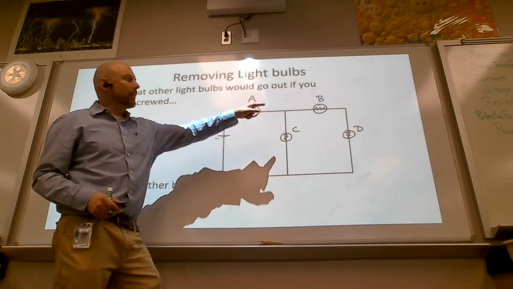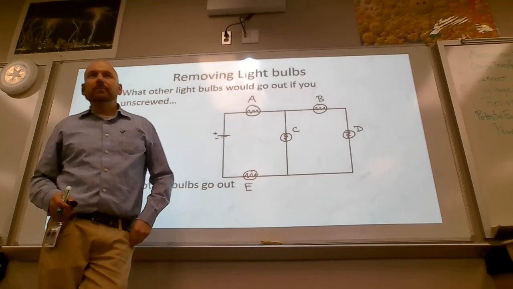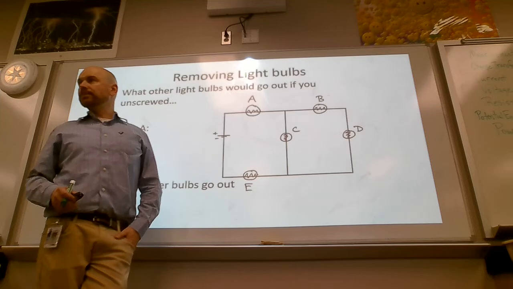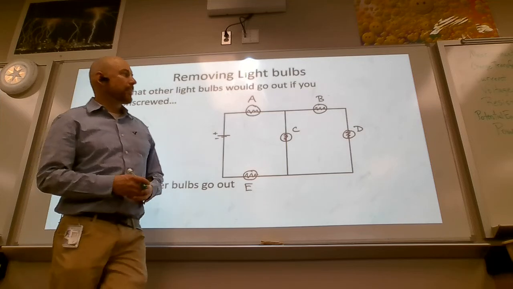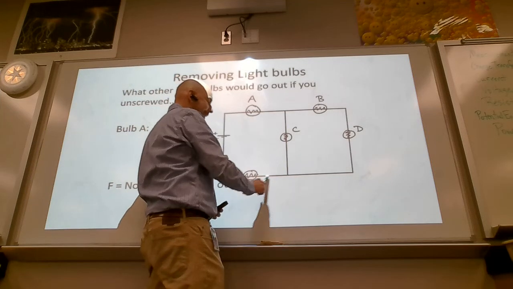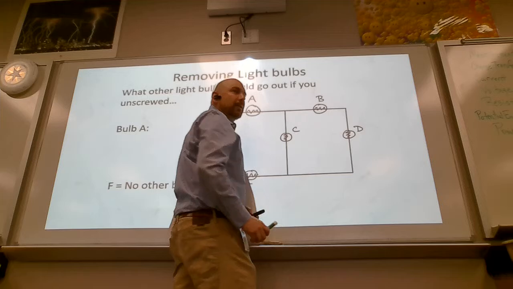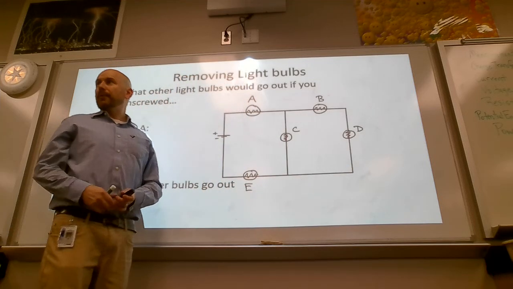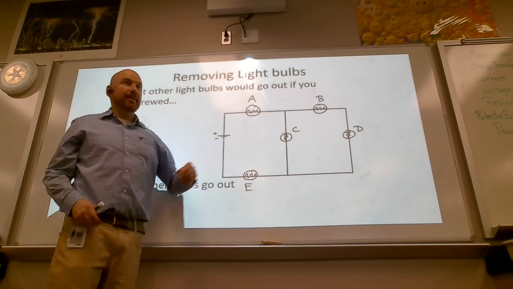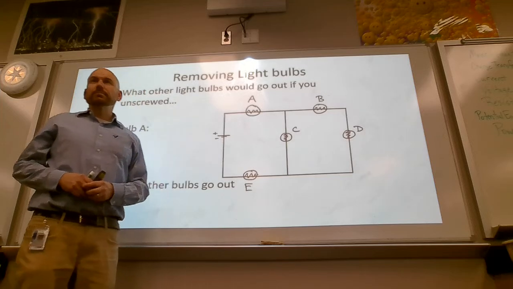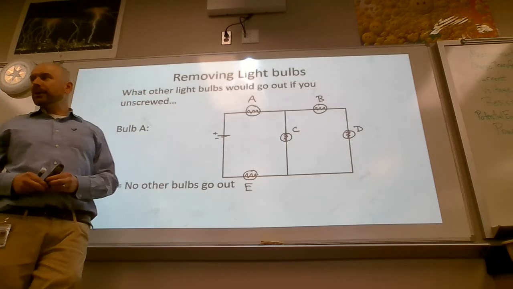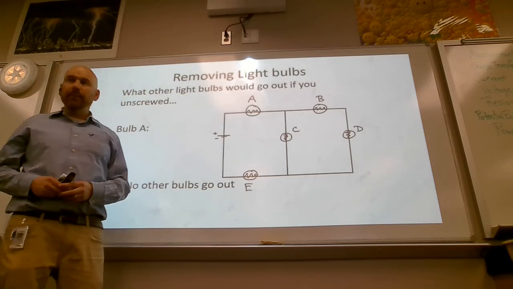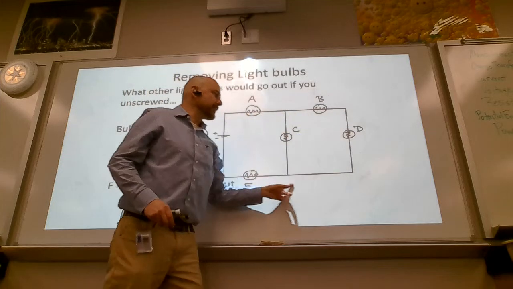If I pulled out light bulb B, what other light bulbs go out? A, C, E stay on, B and D go out. If I pulled out light bulb C, what other light bulbs go out? Everybody stays on.